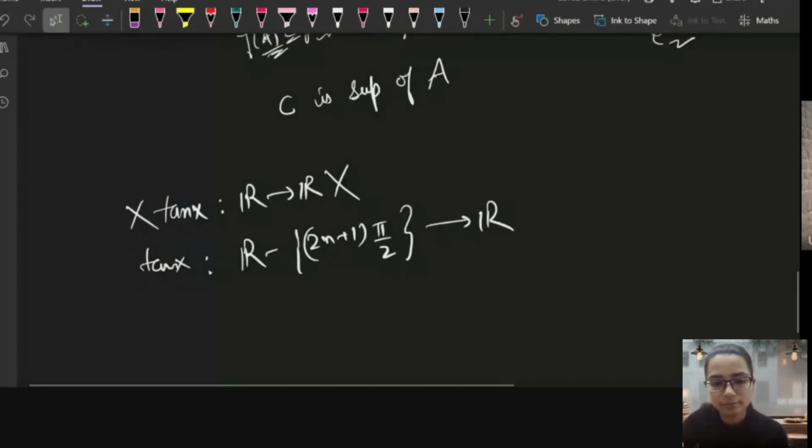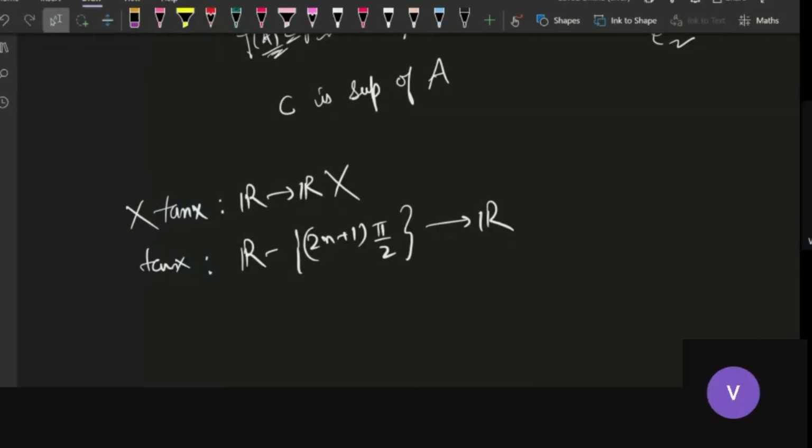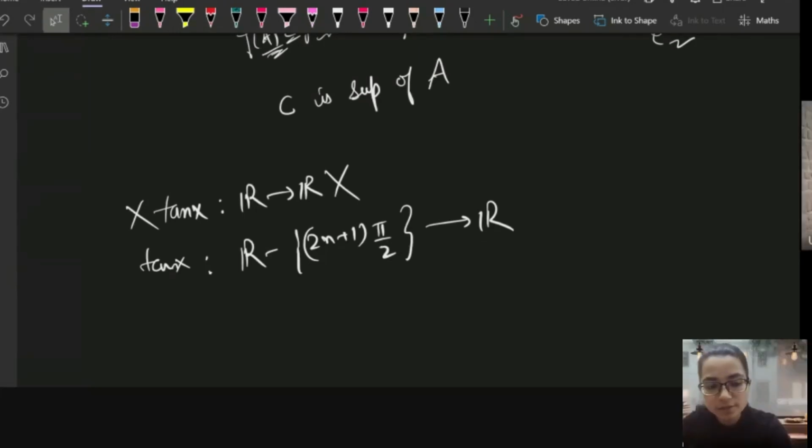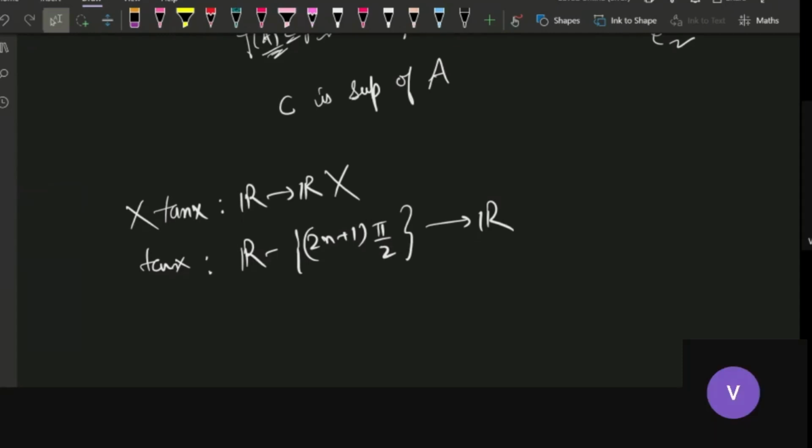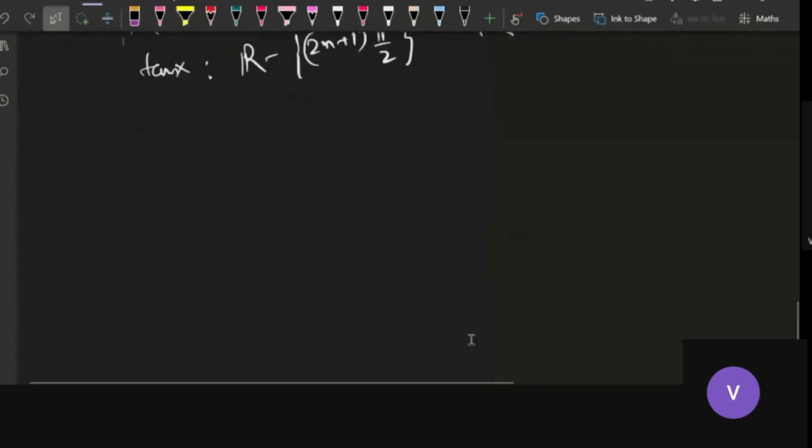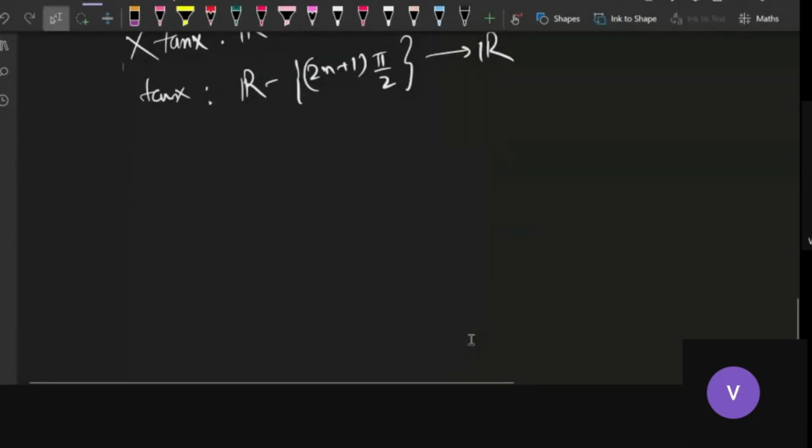Yes, sir. Could you go by contrapositive, like suppose that it is not true? Suppose your function is not continuous. Since it is monotone, the only kind of discontinuity you have is jump discontinuity, then somehow contradict that f of A is connected.